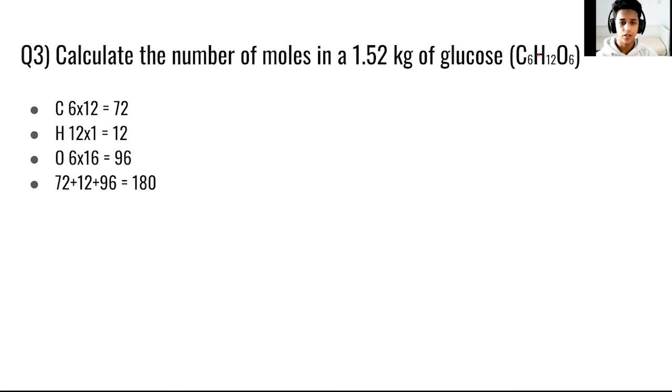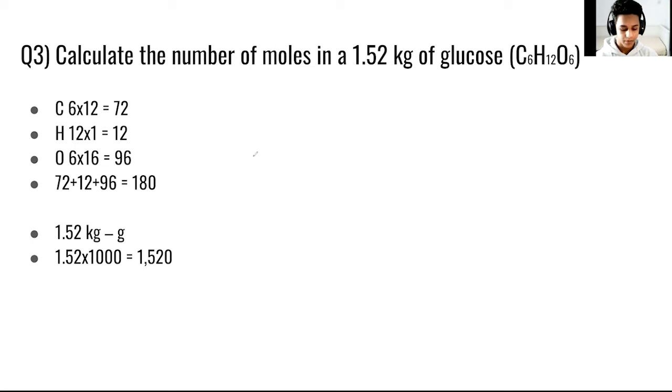We need to convert 1.52 kilograms to grams, because Avogadro's number shows the mass of the element in grams, not in kilograms. So that will be 1.52 times 1,000. It will be 1,520.